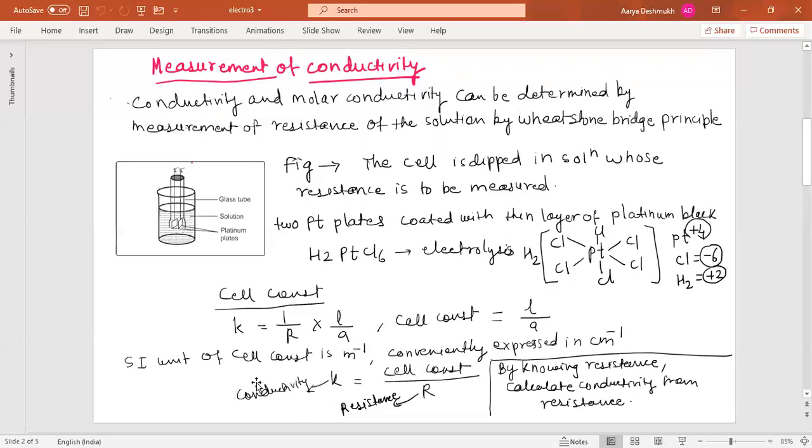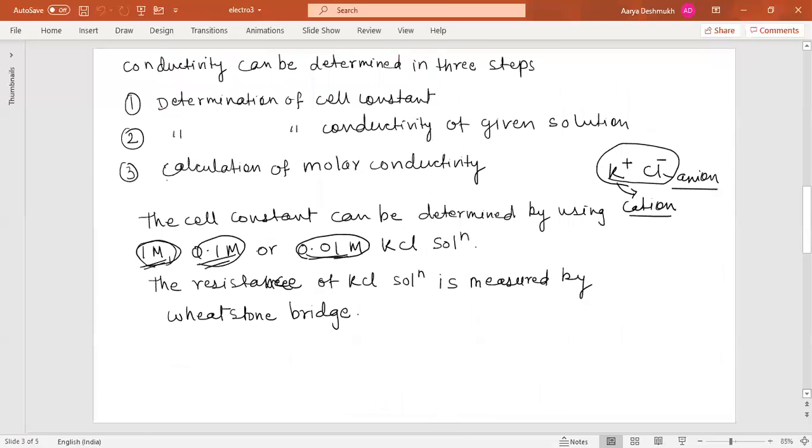So K equals cell constant upon R. By knowing the resistance, you can calculate the conductivity of the solution. How this is carried out using the Wheatstone bridge is shown by this experiment in the next slide.